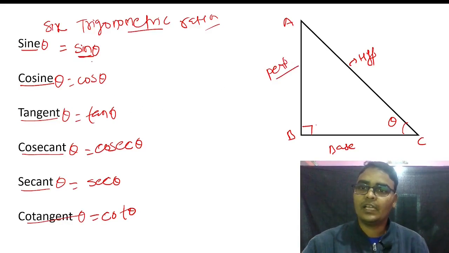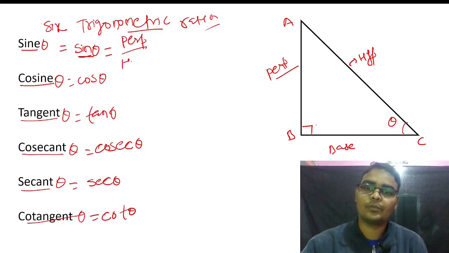So sin theta we write as perpendicular upon hypotenuse. Cos theta is equal to base upon hypotenuse, and tan theta we write as perpendicular upon base.